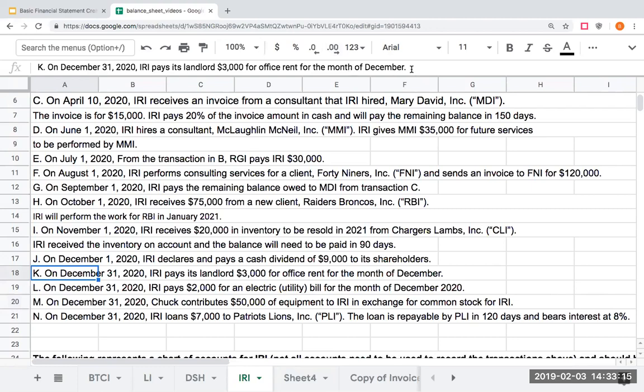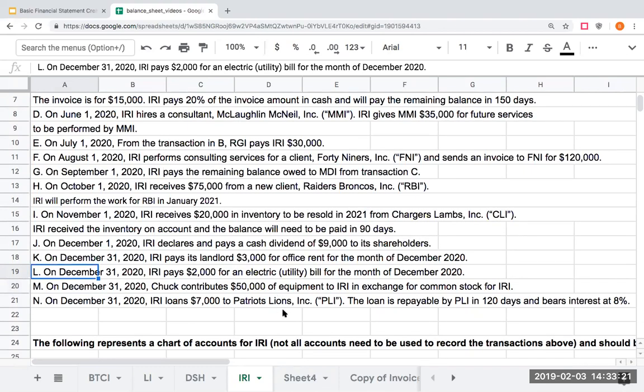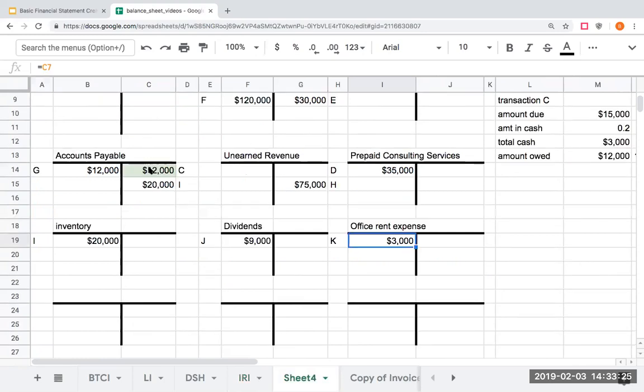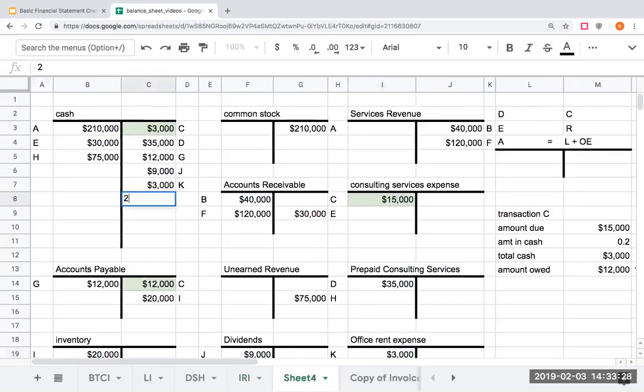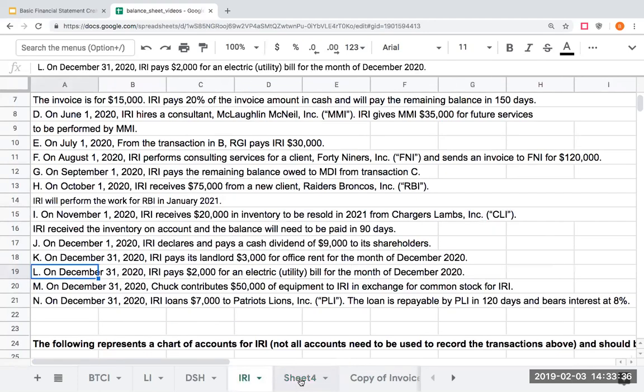We can make this also clarified up here. So I paid $2,000 for an electric or utility bill for the month of December. What's happening to cash? Well, right over here, cash is decreasing. So I'm decreasing cash because I'm paying for my utility bills. And this here was transaction L.